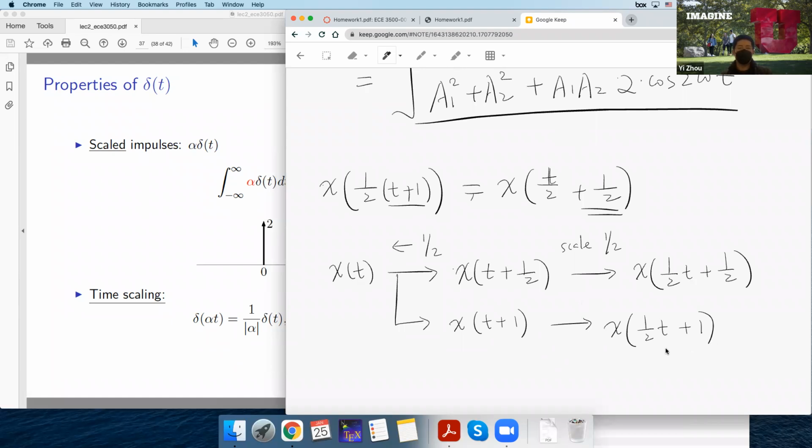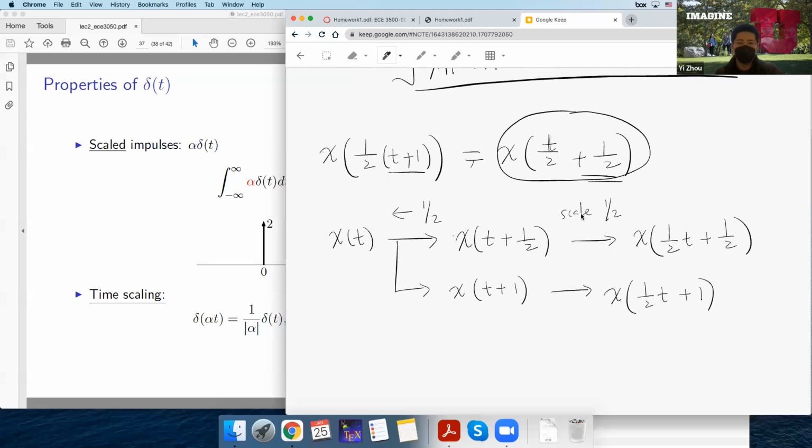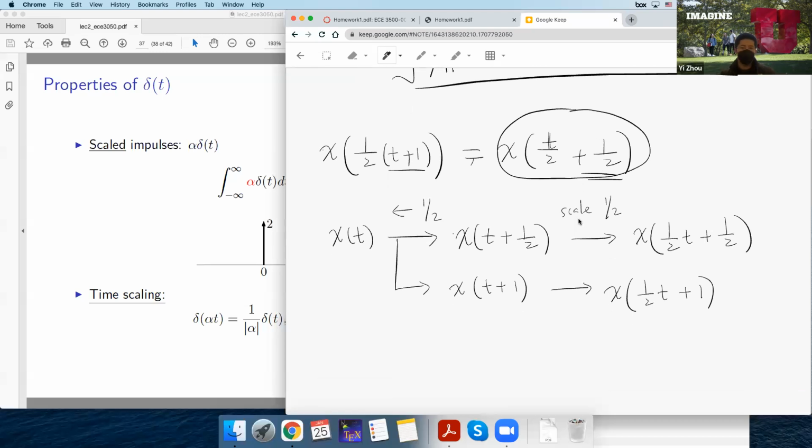So this will be different. If you do shifting first, you need to use this formula, this version. So if you want to do shifting first, you need to identify the overall shift of this function. It is 1 half.